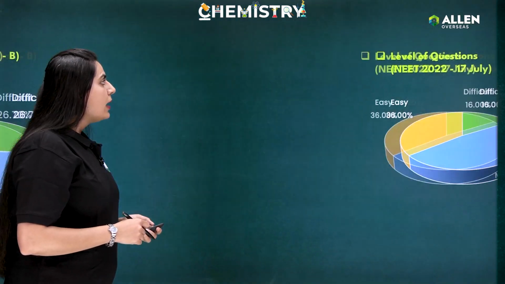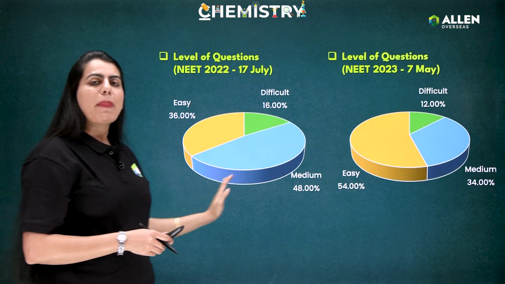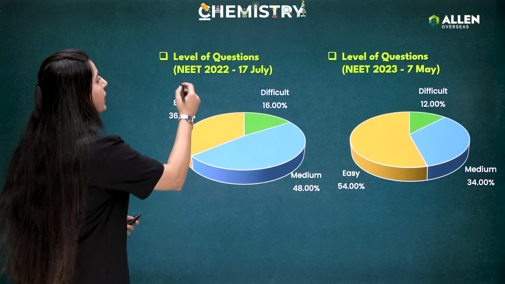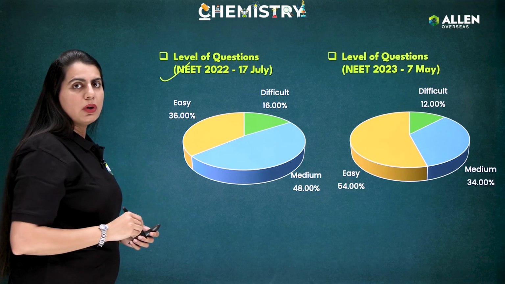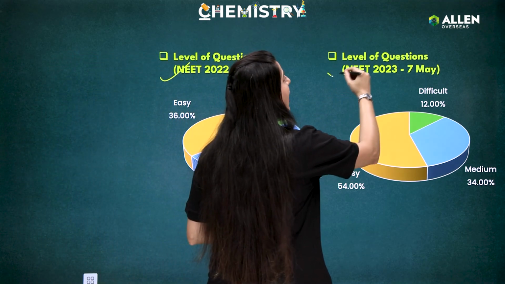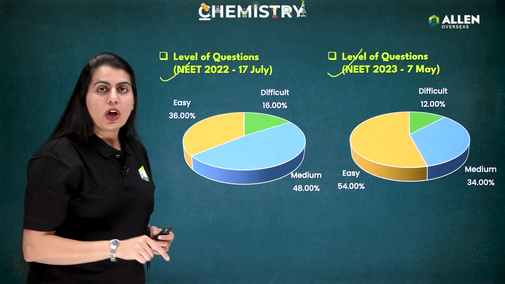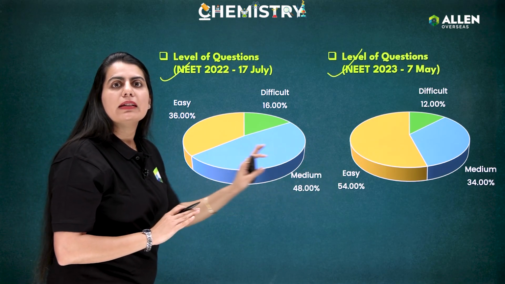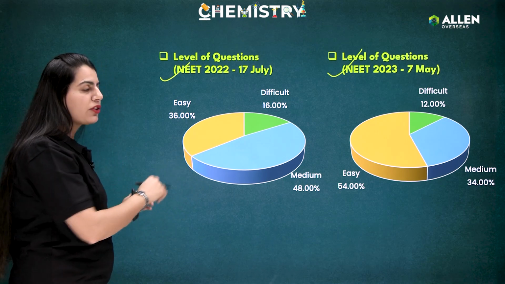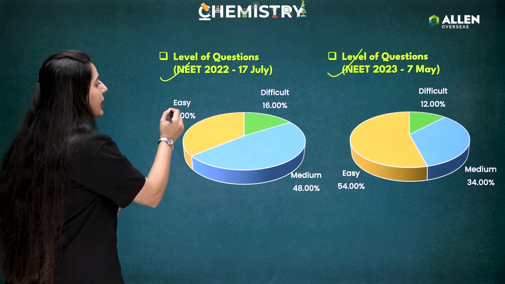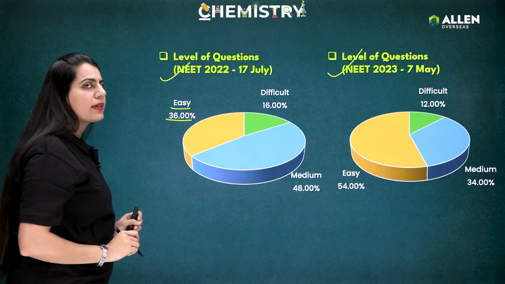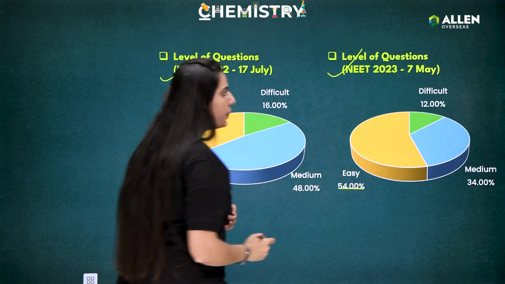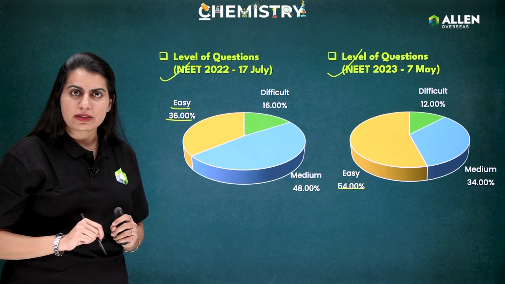Moving ahead, let's talk about the comparison chart. If I talk about the comparison between NEET 2022 and the current year paper which happened on 7th May, you can see the difficulty level. If you see this pie chart, you can see that the easy questions were 36% in NEET 2022, whereas it was 54% in the current year for chemistry.